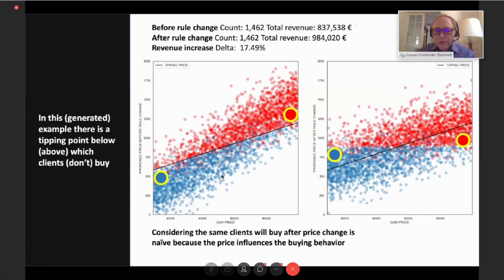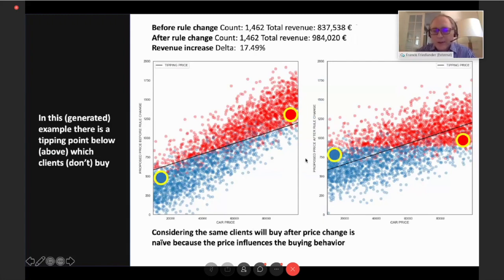And if you want to predict your revenue after you change the rules, you could decide, let's take all the clients who accepted, I calculate the new price, I sum, and I get the new revenue. But this is not really true because, if you look at this blue pricing decision that was made, the client said, yes, I am okay. With the new policy, it is above this line.